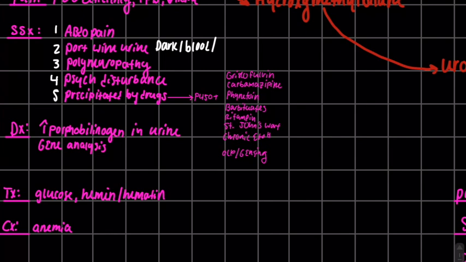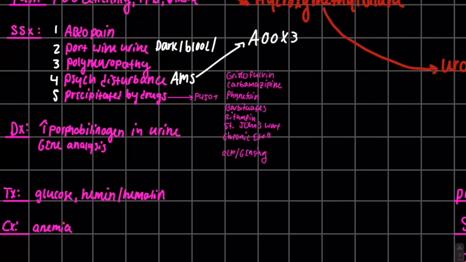All right, so the next thing that we'll think about is polyneuropathy. Polyneuropathy is a fancy term for just neuropathy in multiple sites. So you're going to get tingling of the limbs, weakness possibly, sensory deficits are very commonly reported. All right, so the next thing we're going to get is psych disturbance. Psych is another fancy term for altered mental status. These are patients that are not going to be alert and oriented.